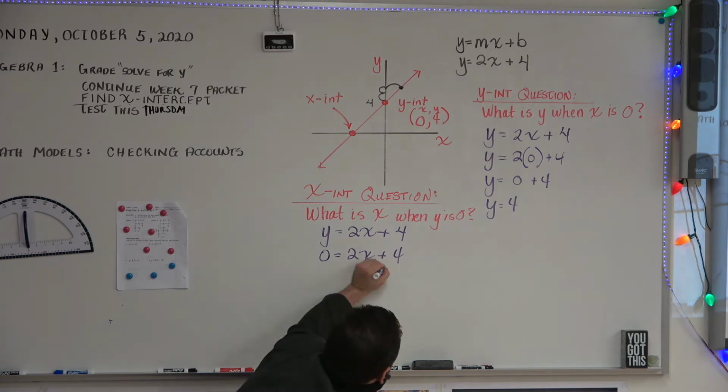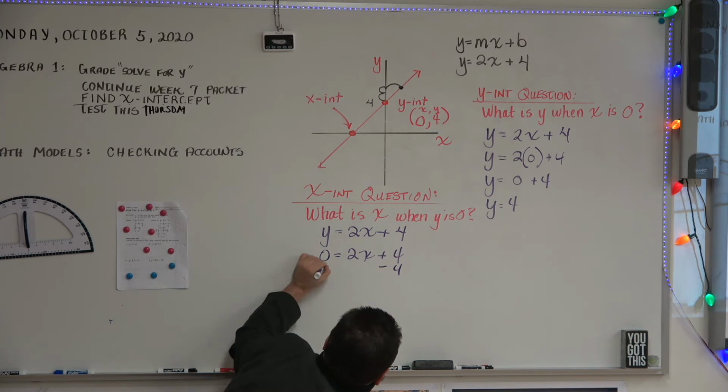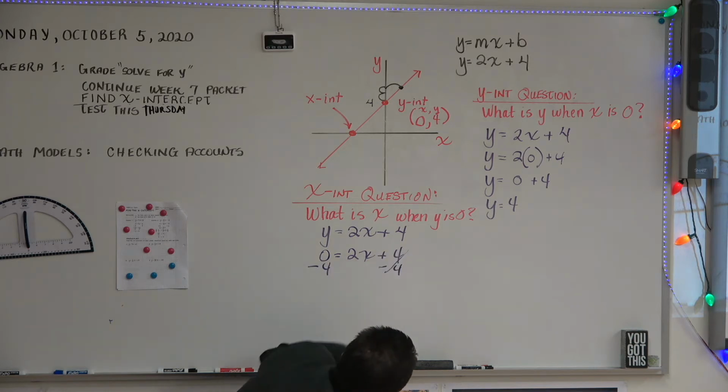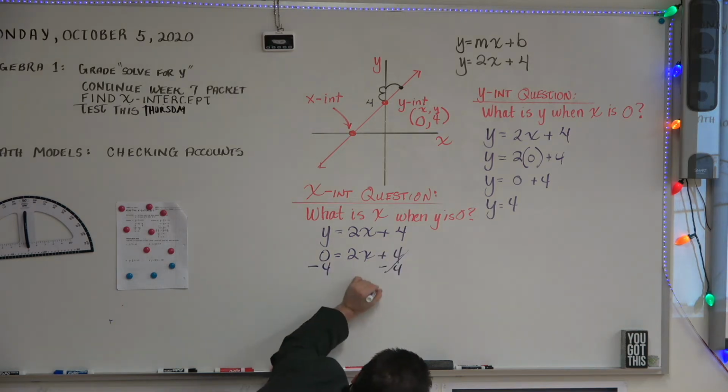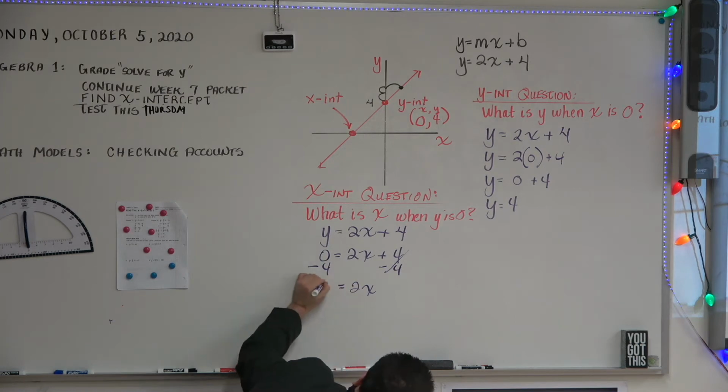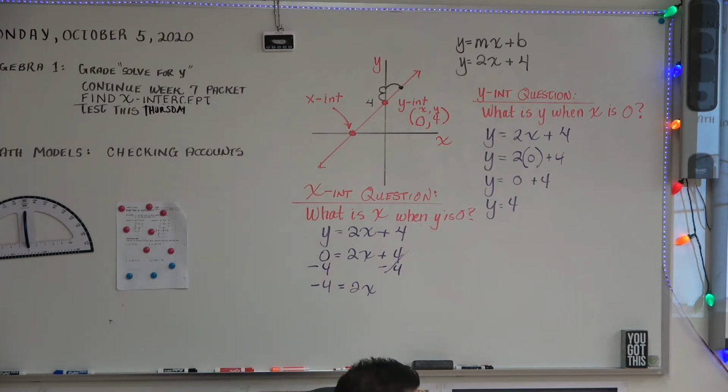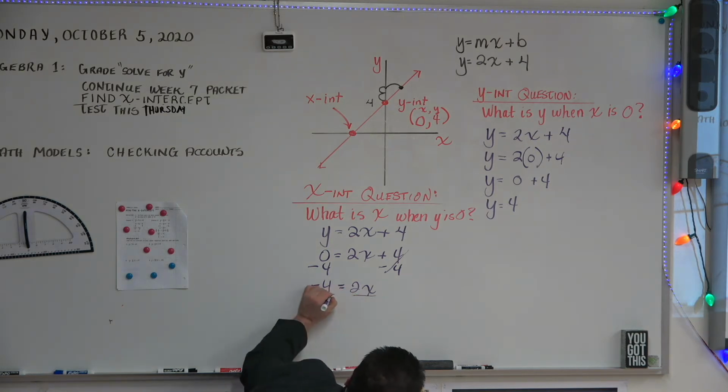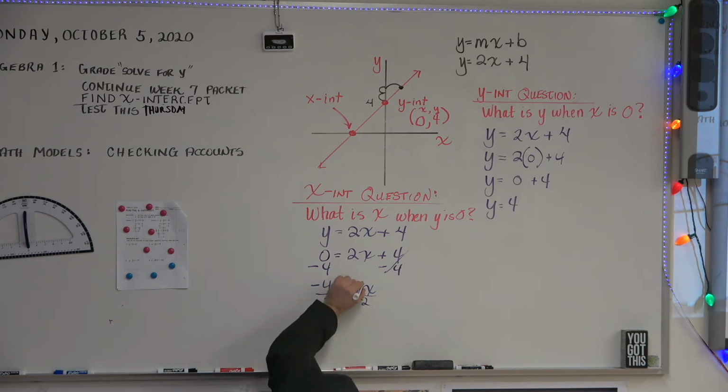Minus 4 on both sides. I got 2x = -4. Now what? Divide both sides by 2. Cancel out the 2's. What's x? X = -2.